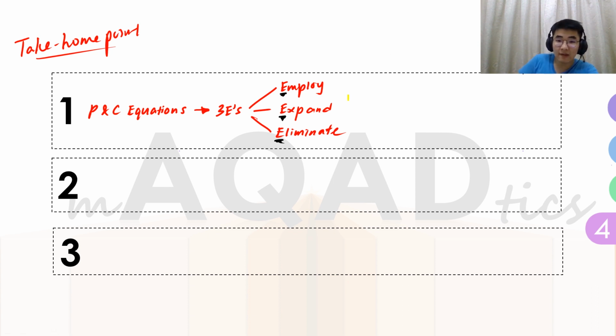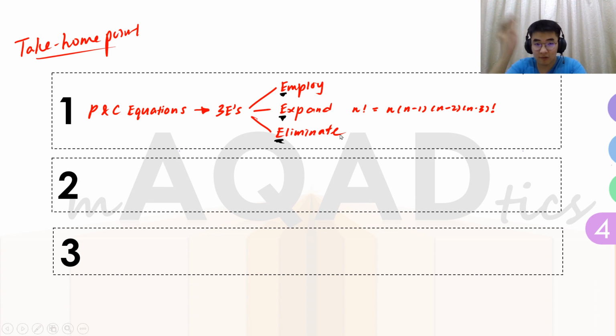The second E is expand. The example I gave just now is n factorial, and we can expand it to something like n, n minus 1, n minus 2, n minus 3, and then where we stop, we need to put a factorial. And the third E is eliminate. For the things which are similar, we just need to cross them off.